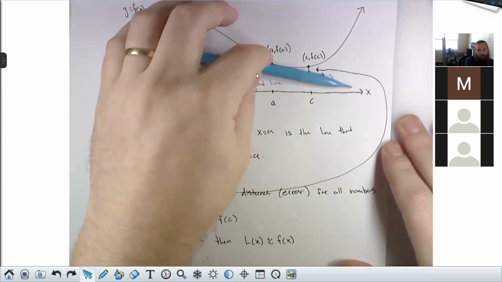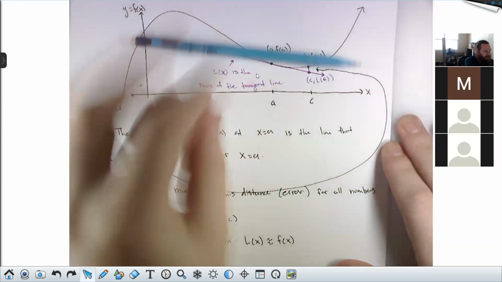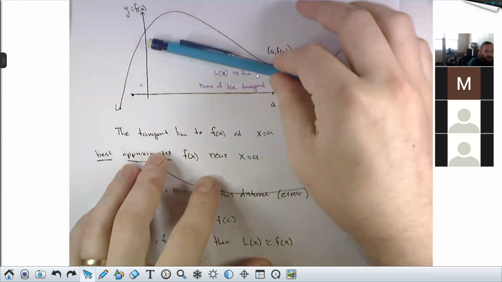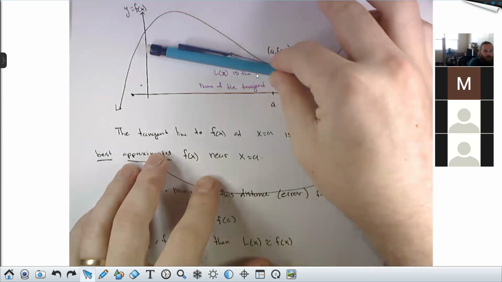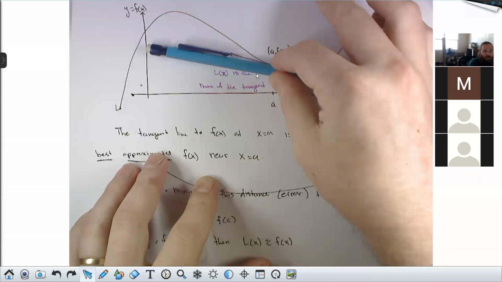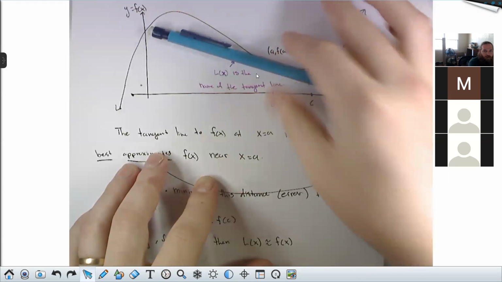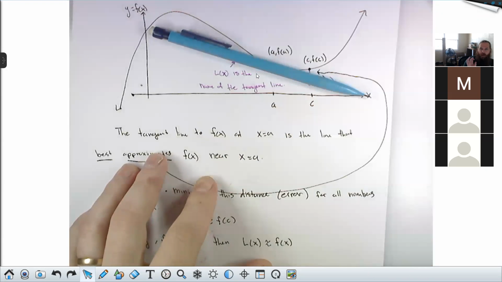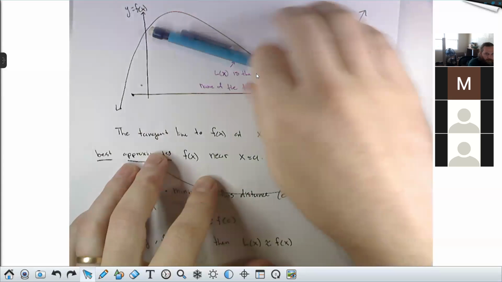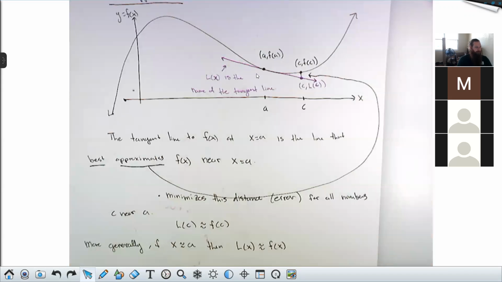That would give me a better approximation over here. And that's true, but that would make things worse on this side. If I move this up to close the gap on that side, the gap on this side widens. So the slope of this line is the one that keeps the gap smallest on both sides. And that is the tangent line.